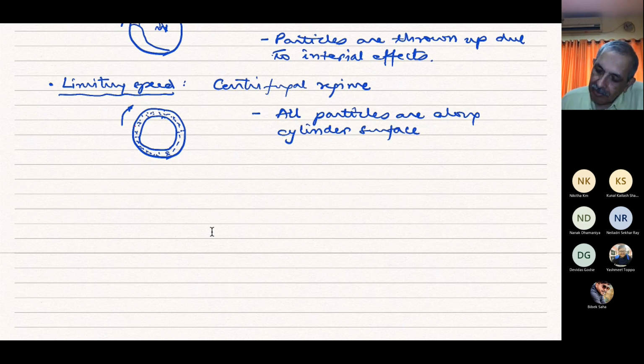So they are all along the cylinder surface. And here you can easily find out what will be the rotational speed for this.